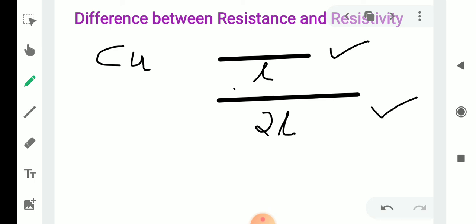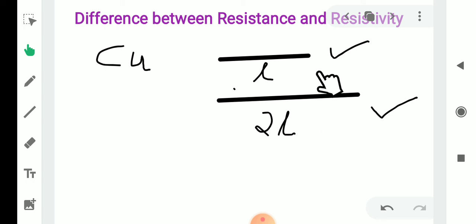So here resistance is less and here resistance is more, because resistance depends on the length of the wire. Both are copper, made of the same material, but here the length is small and here the length is more. Therefore resistance is less in the first case, and in the second case the resistance is more.